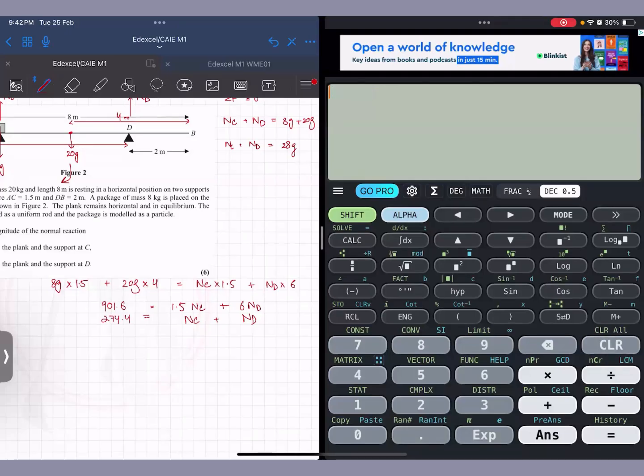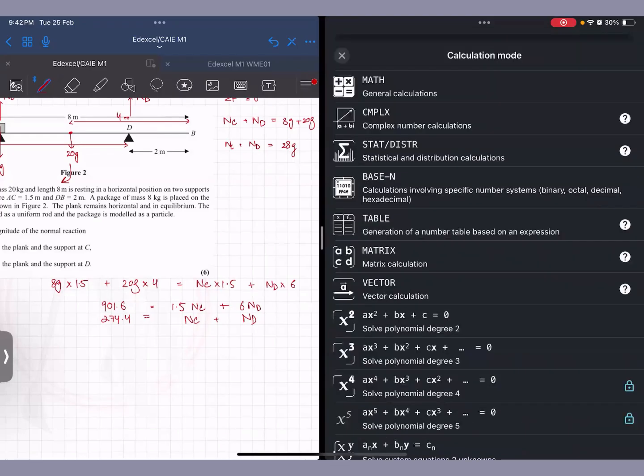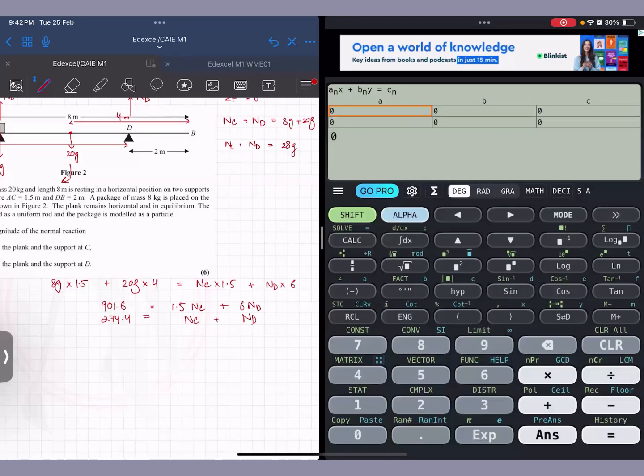Now we can solve them simultaneously: 1.5, 6, 901.6 and 1, 1, 274.4. So NC comes out to be 165.51 and ND is 108.89.